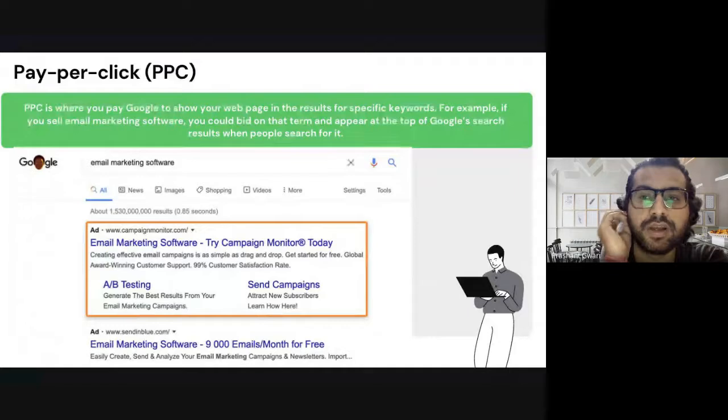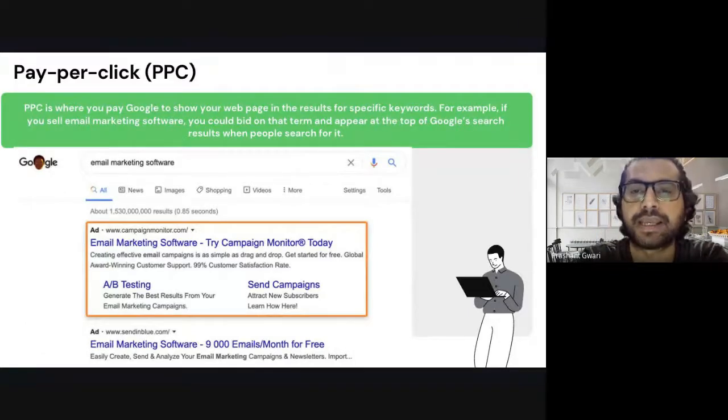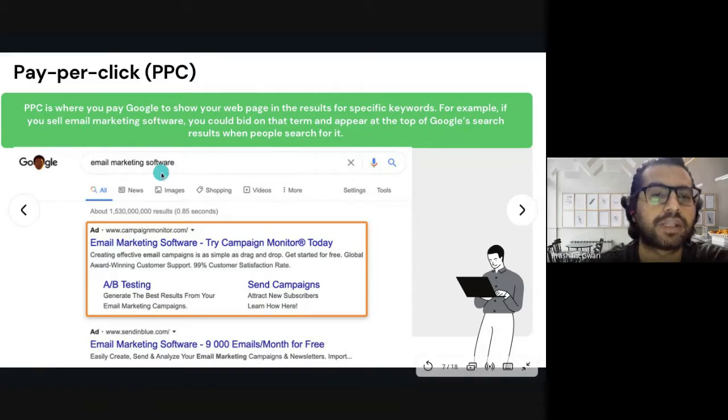Now I will give you another example, email marketing. If someone wants to buy email marketing software, he will go to Google to find out what the best email marketing software is. So he will type email marketing software in a search engine. For example, I want to buy email marketing software, so I type here email marketing software to find out which one is best.